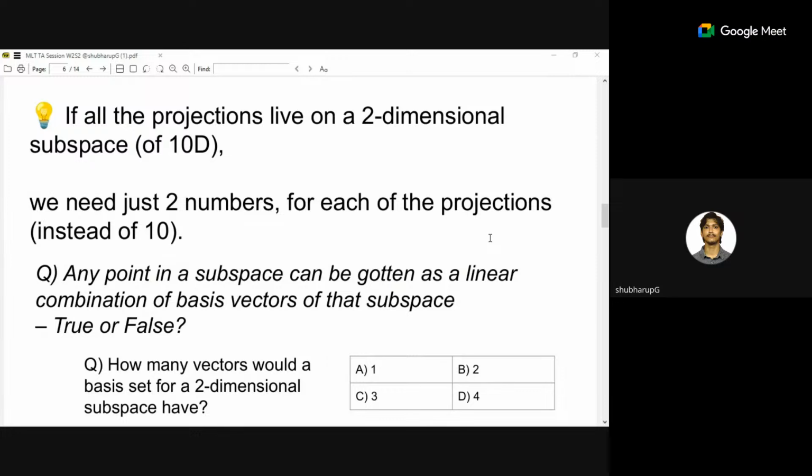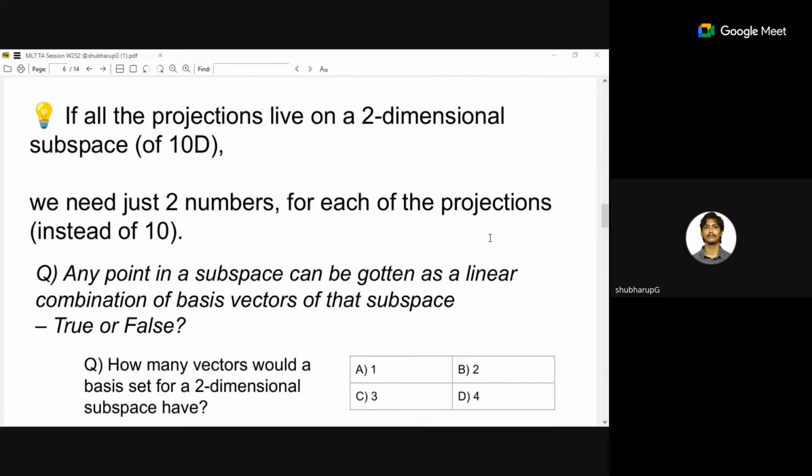Okay. So, to reach a point in a plane, a 2D subspace, you need just two basis vectors. What that means is that you need two independent directions, and that's it. With two independent directions on that plane, you can reach any point in that plane.